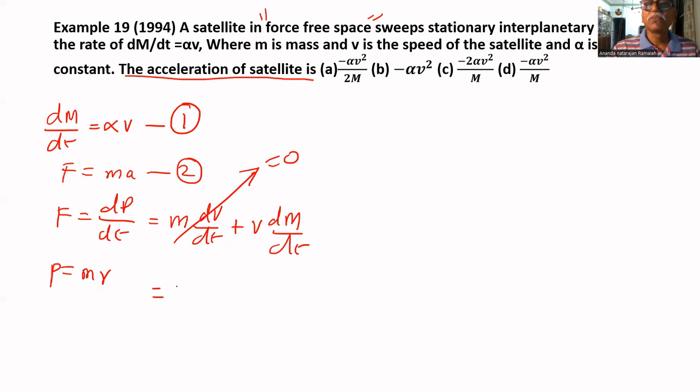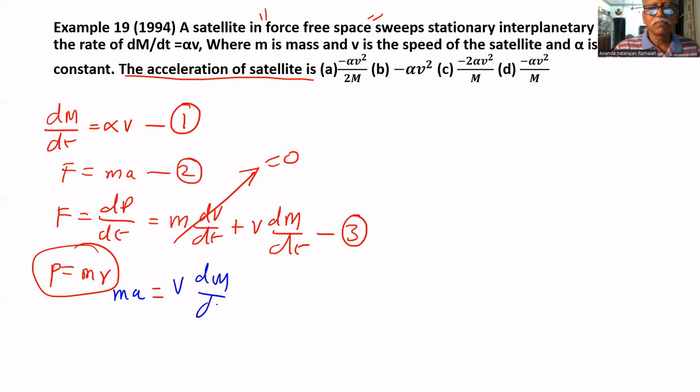If you substitute this, we have F equal to ma. This is 3, this is 3. Acceleration is asked. If you compare 2 and 3, we get ma equal to v into dm by dt, which is equal to alpha v.